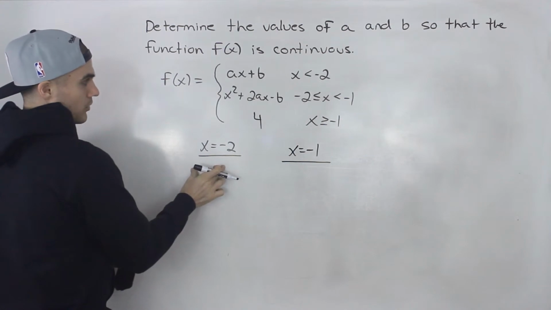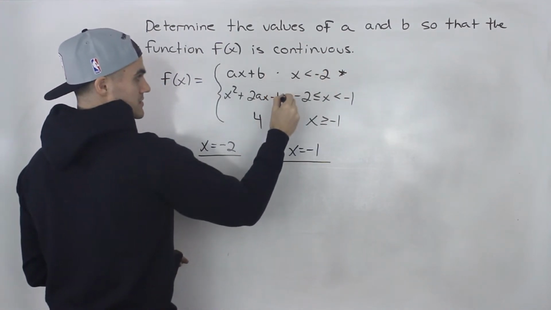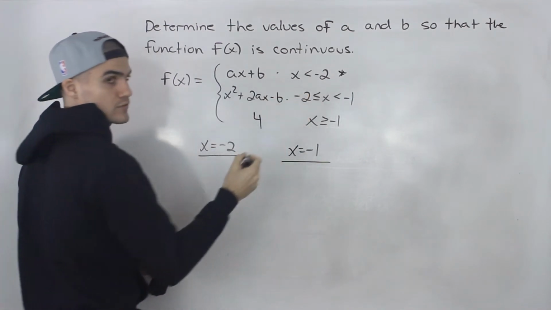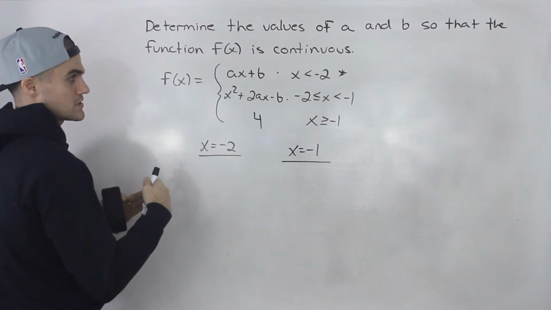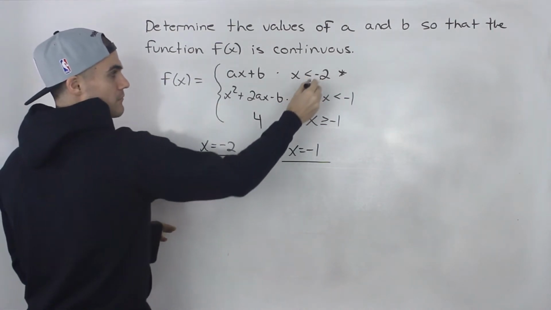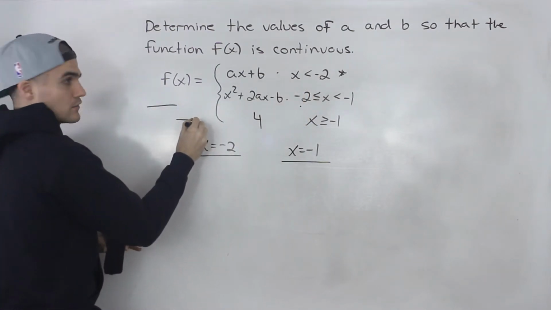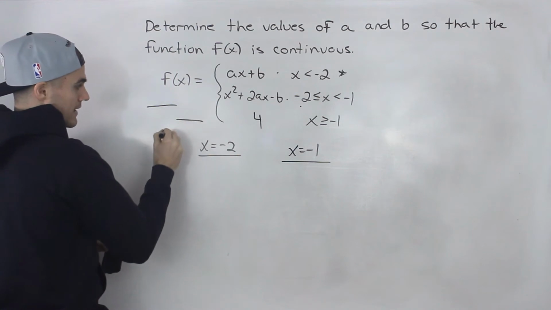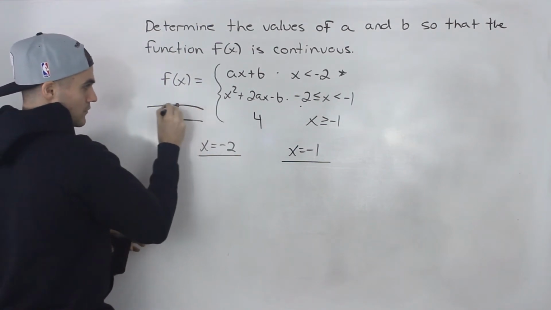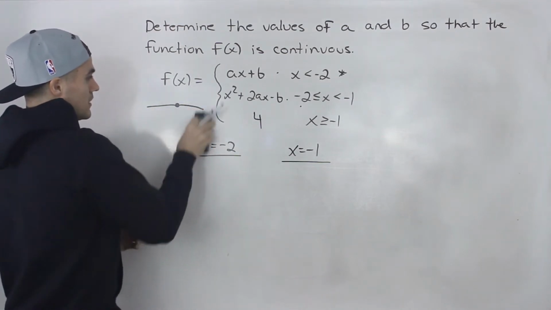So at this meeting point, -2, this piece and this piece, the y values have to equal at that x value of -2 in order for the function to be continuous. Because if the y values aren't equal at that meeting point of -2, then there's going to be a break in the function. So at that x value of -2, the y values have to be the same for both pieces in order for the function to be continuous.